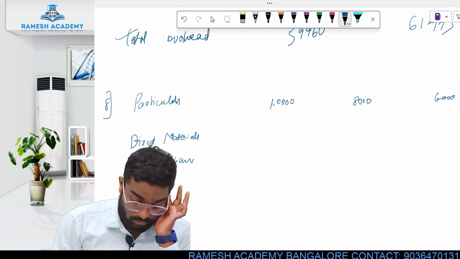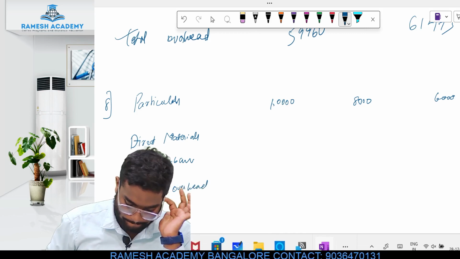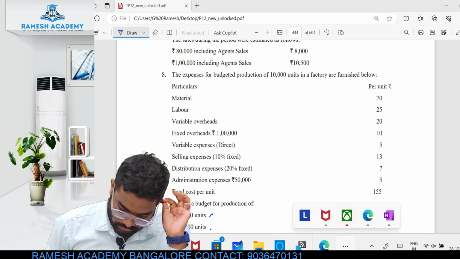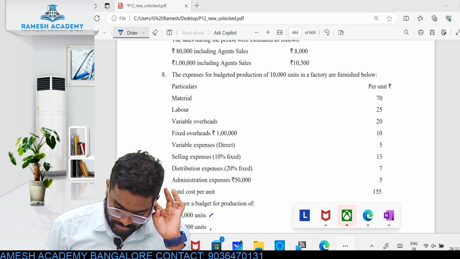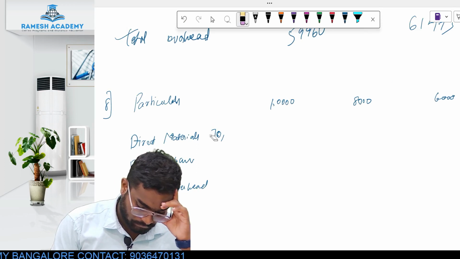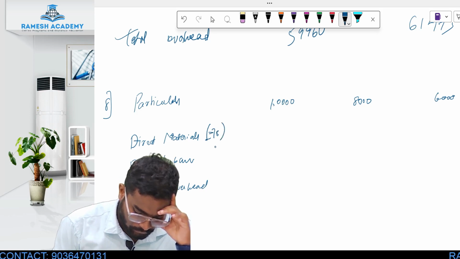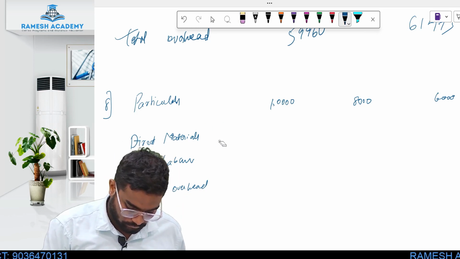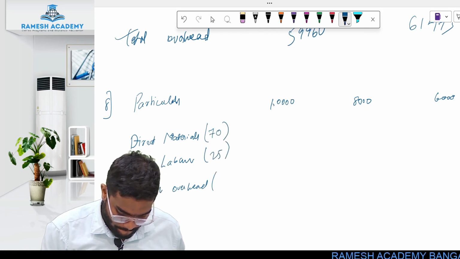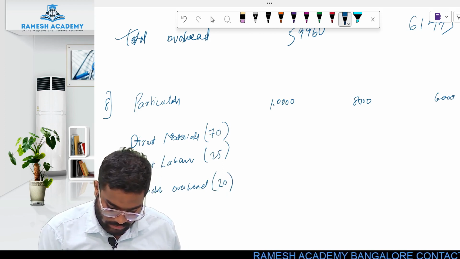So I'm just writing down whatever they have given in the question, that's it. So direct material, 70 rupees. 70, labor is 25 and variable overhead is 20. 70, 25, 20. 70 into 10,000 is 7 lakh.